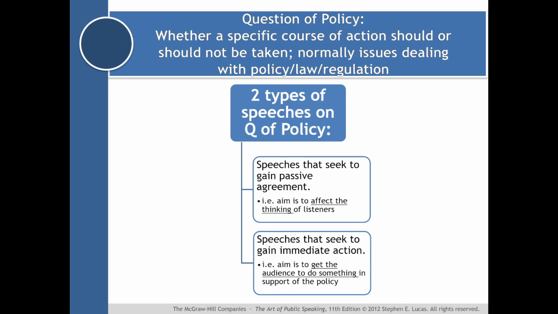And then for questions of policy, we have two types. The first are speeches that seek to gain passive agreement, which aim to affect the thinking of the listeners, meaning that you want to change their mind. Maybe you want to talk about why online learning is better than in-class learning.